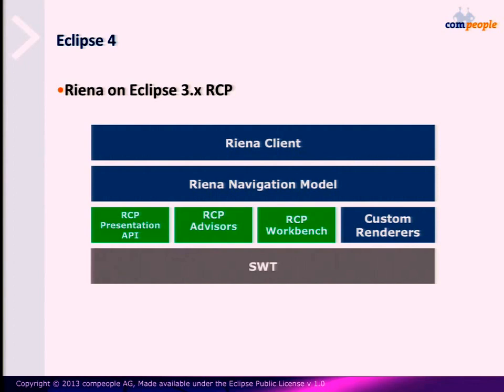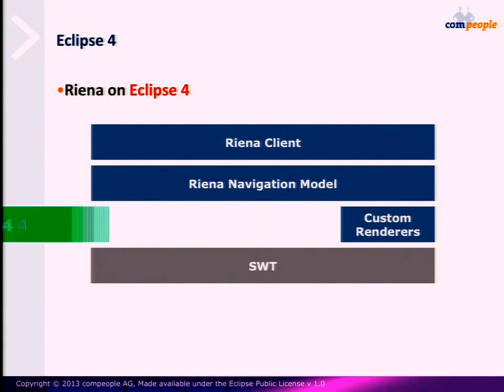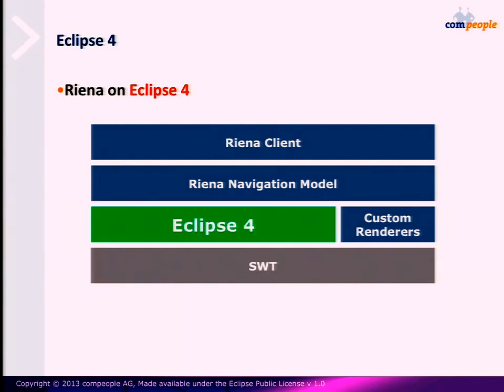What is in here is the presentation API, which allows you to change the way RCP is rendered. And there's also advisors, which is an API to allow you to hook in at certain times in the life cycle, when the application is started, to do some stuff. And then there's also this workbench API, like the platform UI and stuff like that.